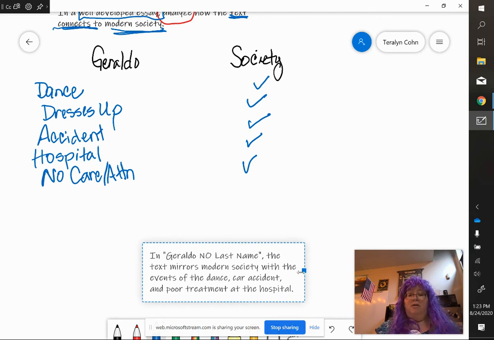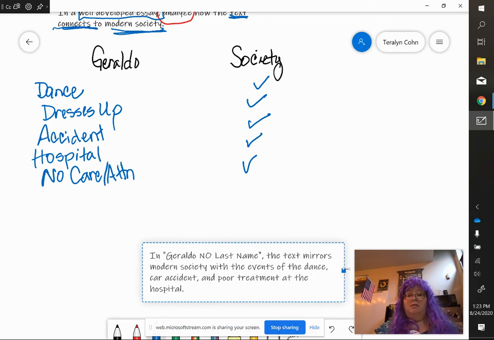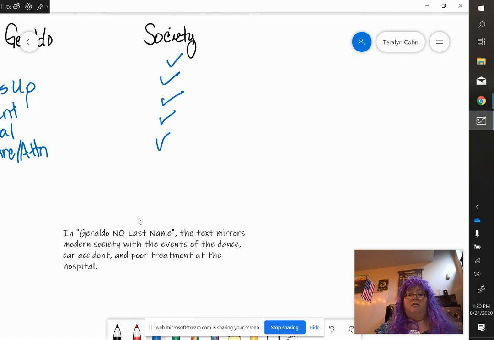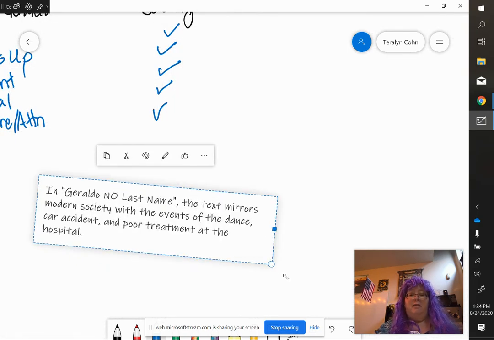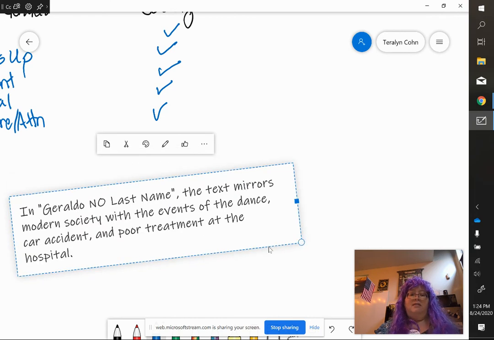All right, you see how that works? So there's our thesis statement. In Geraldo, no last name, the text mirrors modern society with the events of the dance, car accident, and poor treatment at the hospital.